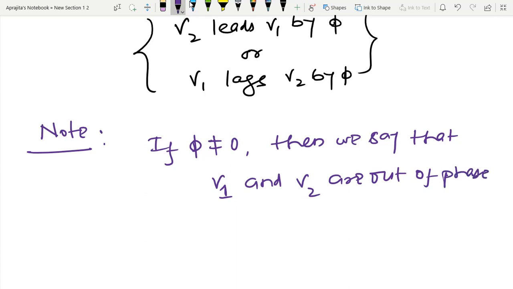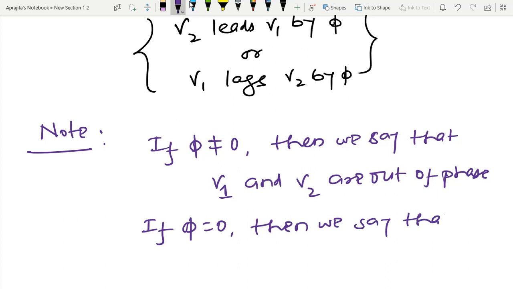If phi equals 0, then both functions are exactly the same, so we say that V1 and V2 are in phase.